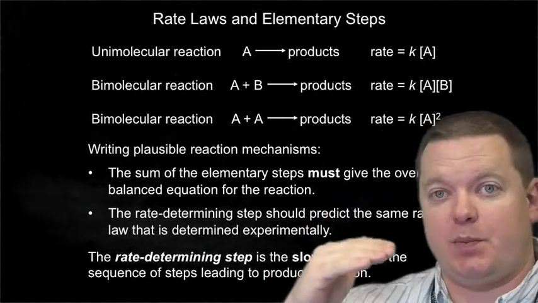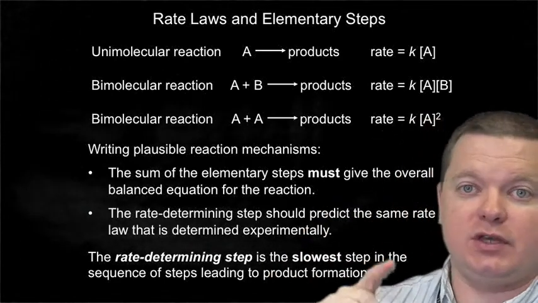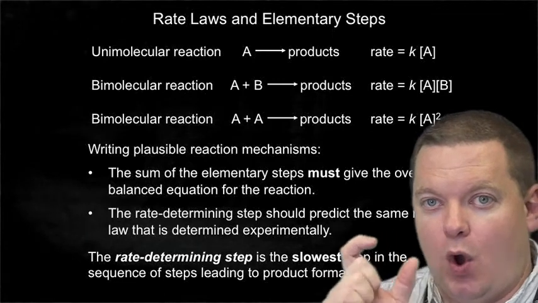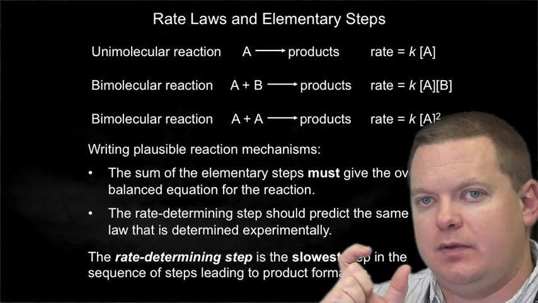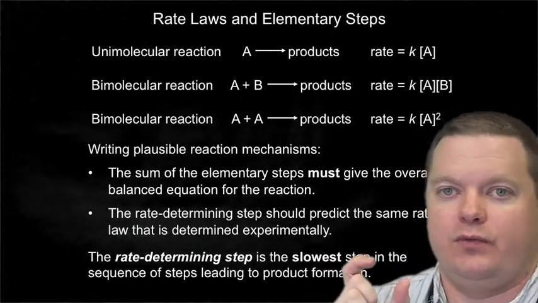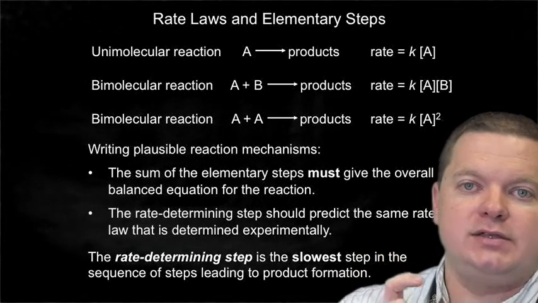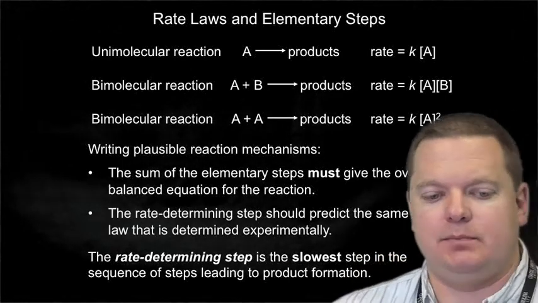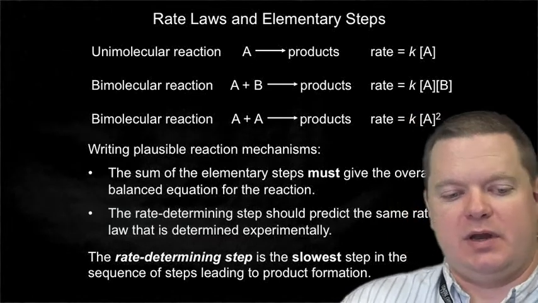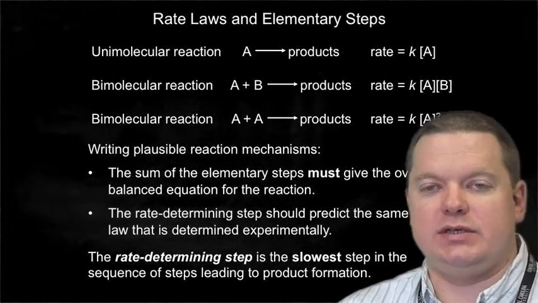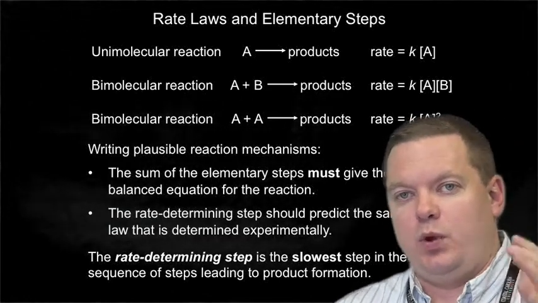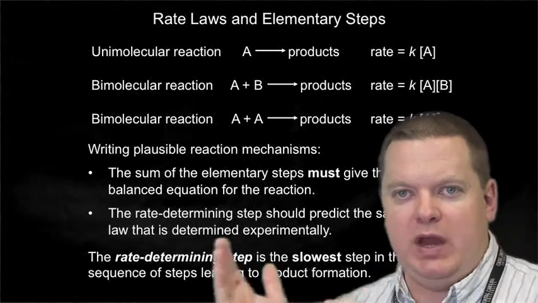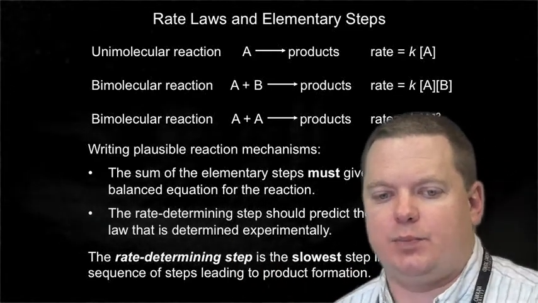If it's not the first step, if it's some other one, then through substitutions, the rate law with respect to our initial reactants has to be determined by that step. And this rate determining step, as I said, is the slowest step.